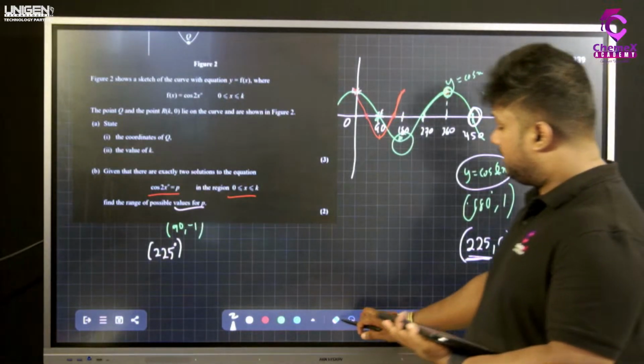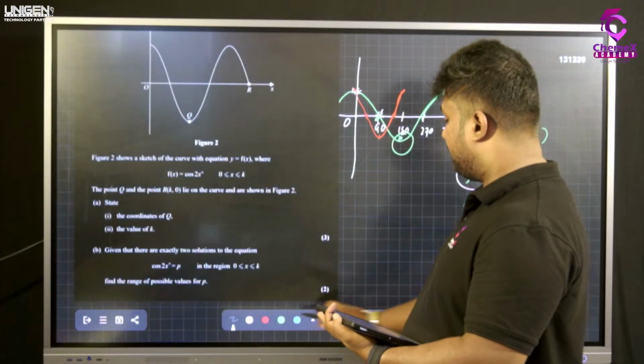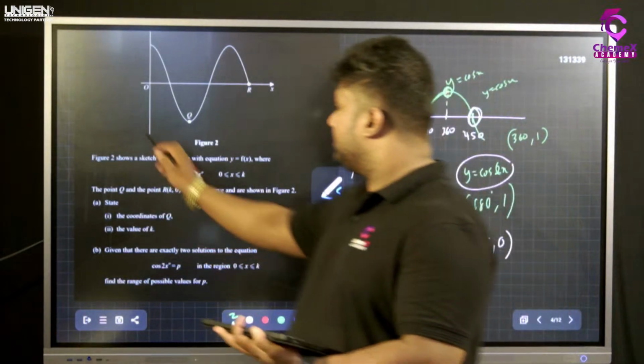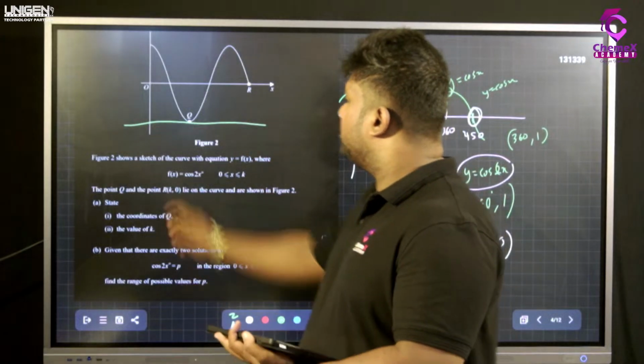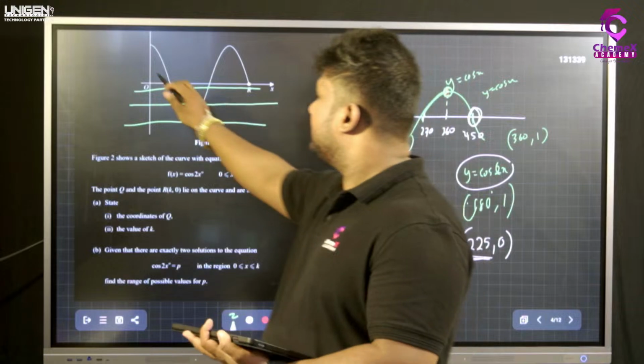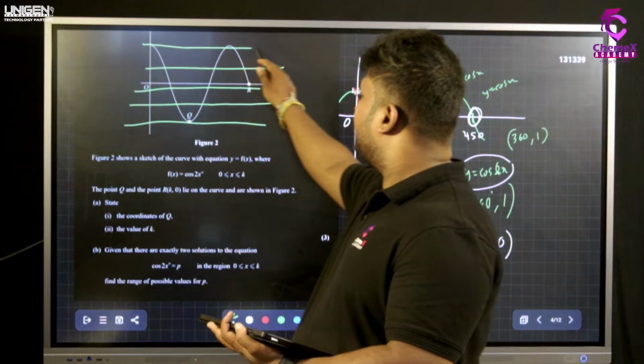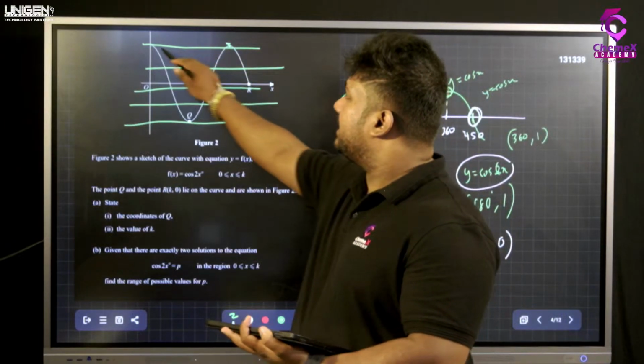You know, if you have a curve like this, you will get only one point if a line goes like this, 2 points if a line goes like this, 2 points if a line goes like this, 3 points if a line goes like this, and another 2 points if a line goes exactly on those.